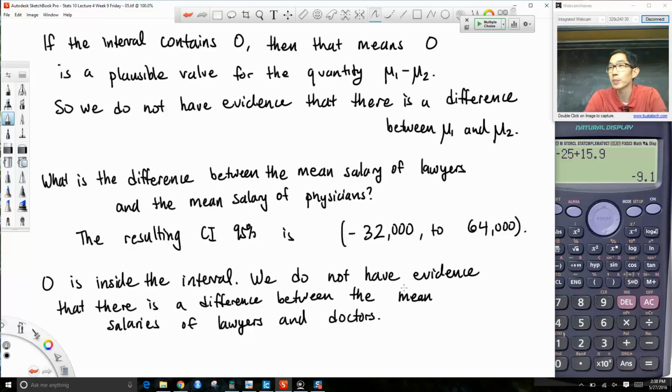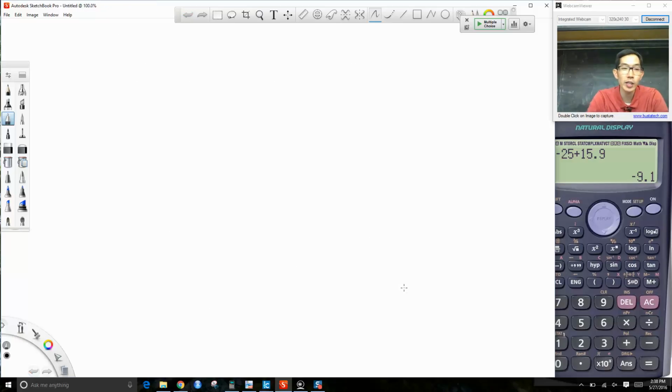And lastly, we have hypothesis tests for mu1 and mu2. It's very, very similar. I know we only have about 10 or 12 minutes left in the class, but the process for hypothesis tests of mu1 and mu2 is very similar to the hypothesis test process for p1 and p2, except now you're dealing with means rather than proportions.